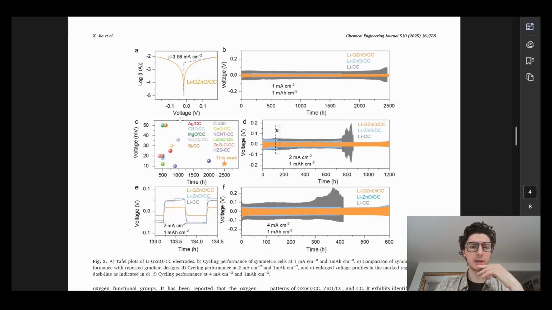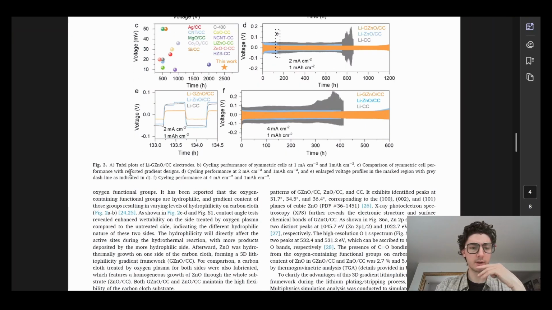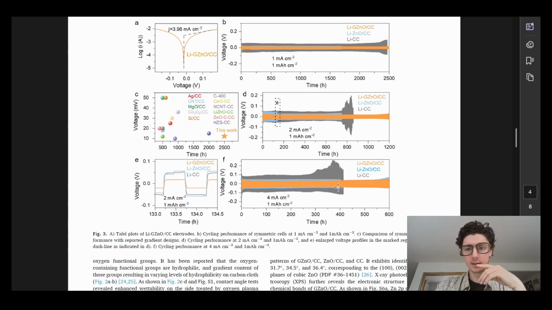But now that I'm saying that and I'm looking at this, here they have silver/CC, CNT, MgO, this cobalt thing, and silicon and some other stuff. So they actually put quite a lot of stuff. Let's see. Cycling performance, comparison of symmetric cell performance with reported gradient designs. Ah, interesting. So here they actually compare it with other materials.